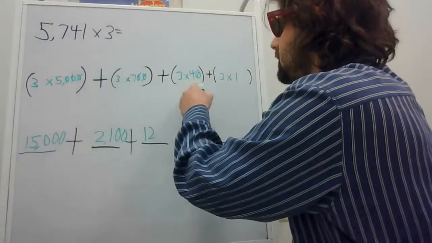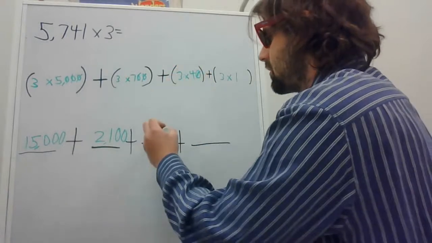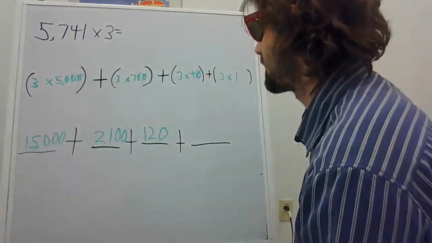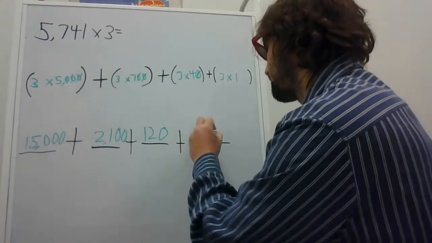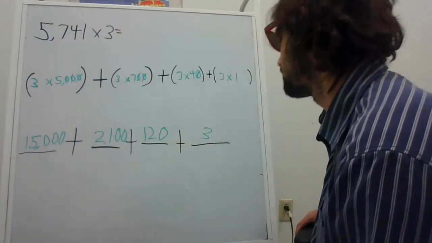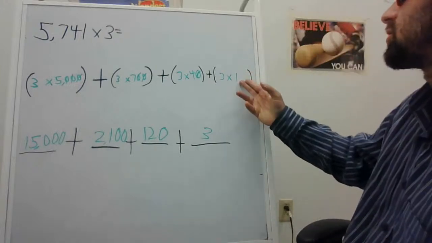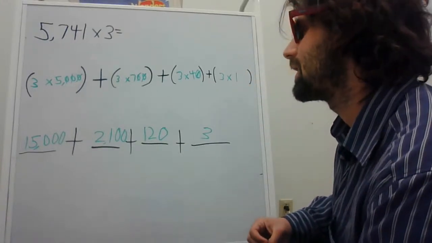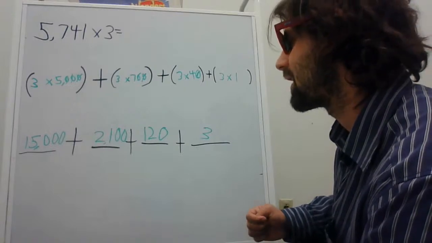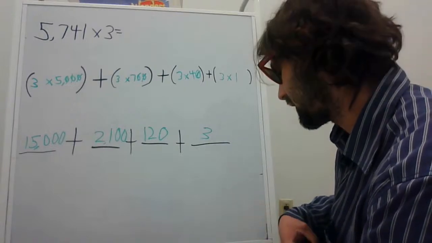I just multiplied 3 times 4. Now I'm going to add that 0 to my answer. 3 times 40 equals 120. 3 times 1 equals 3. Now notice there's no zeros in the parentheses, so I don't need to add any zeros to my answer. So the answer is 15,000 plus 2,100 plus 120 plus 3.